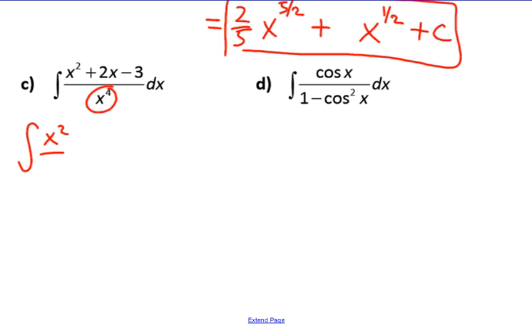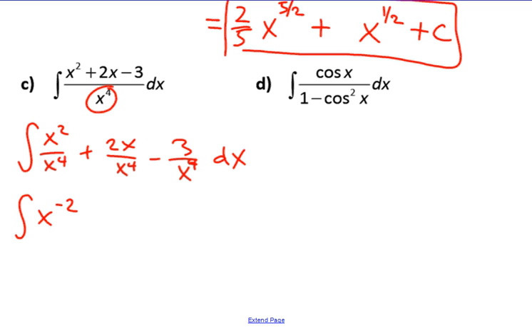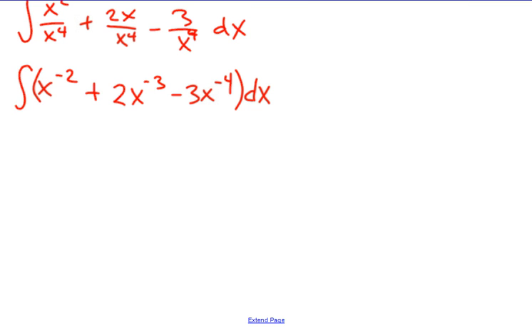So that would be x squared over x to the 4th plus 2x over x to the 4th minus 3 over x to the 4th, and then simplify just like we did with part B. This would end up being x to the negative 2 plus 2x to the negative 3 minus 3x to the negative 4. Now, this is in the format that I can take the integral.